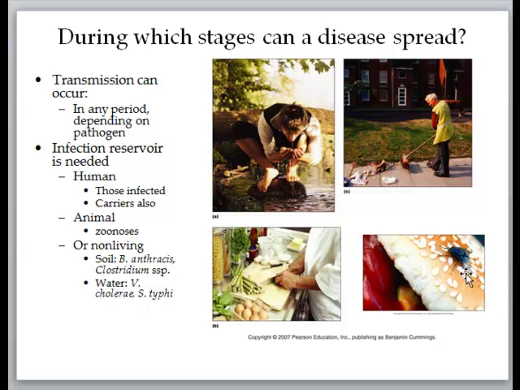For example, up here you can see the fly that has been sitting on maybe some unhealthy environment and then comes and sticks on your burger, and if you eat that, it can lead to infection. Here's water and soil that can lead to infection, for example the spread of cholera, anthrax, or Clostridium through these non-living factors. And then you have humans who haven't washed their hands.